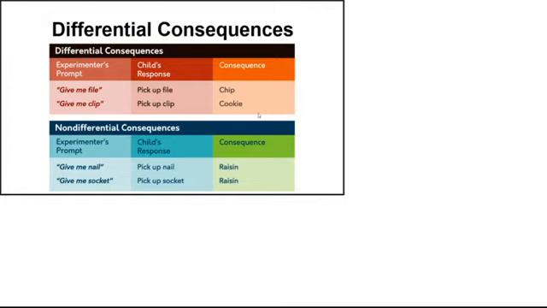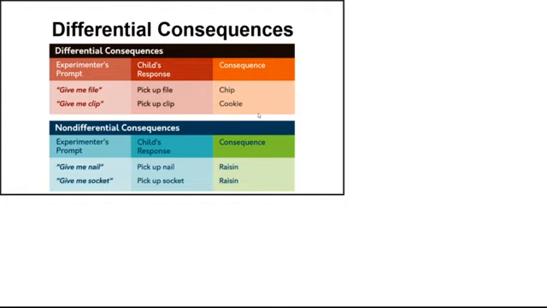Our example on the bottom is the same basic setup, except we have non-differential consequences. So no matter which thing they're asked for and which response they perform, as long as they do it right, they always get a raisin. So they get the same consequence. And for whatever reason, that makes it just a little bit harder for them to learn.